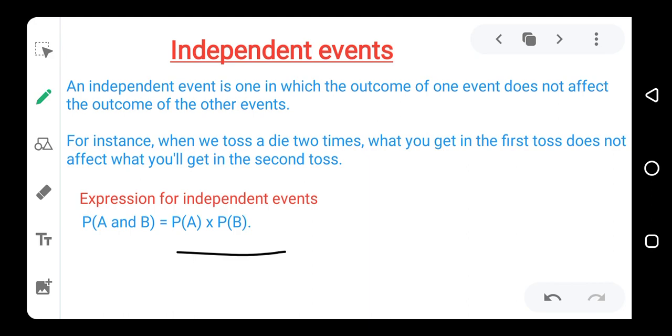Independent events are always joined together with AND. When you see AND in probability, it always translates to multiplication. So A and B will give us A times B.